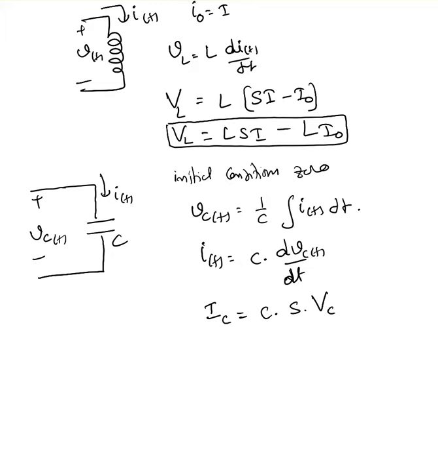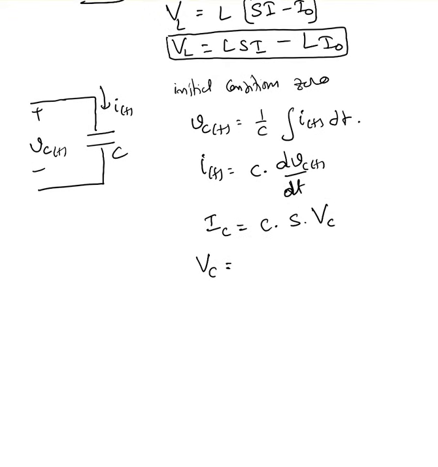So I can say VC, the voltage drop across the capacitor, is IC over CS. That's in S domain, also called Laplace domain.